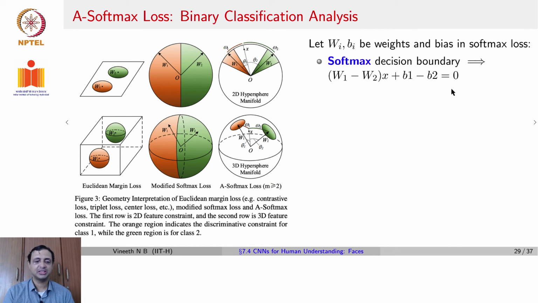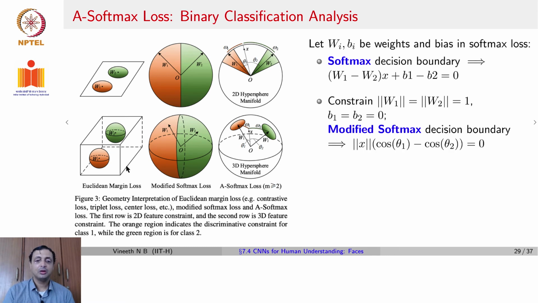And this is your softmax decision boundary. You see here that when you have your softmax decision boundary, you're separating those two classes this particular way. In your modified softmax boundary, you're normalizing your weights, and hence all your points lie on a unit ball, and you're now trying to ensure that you get a separation such as this.